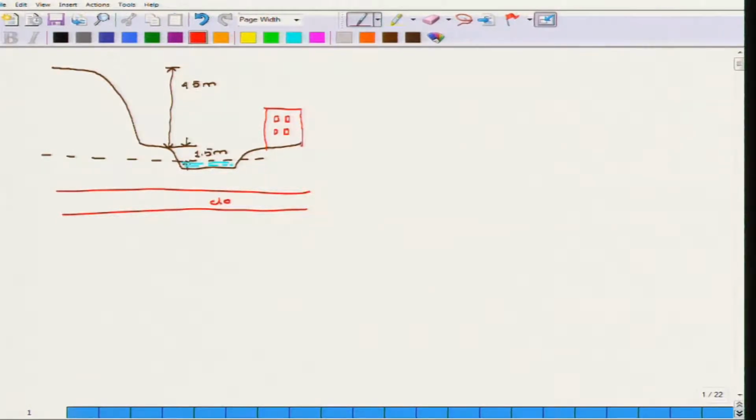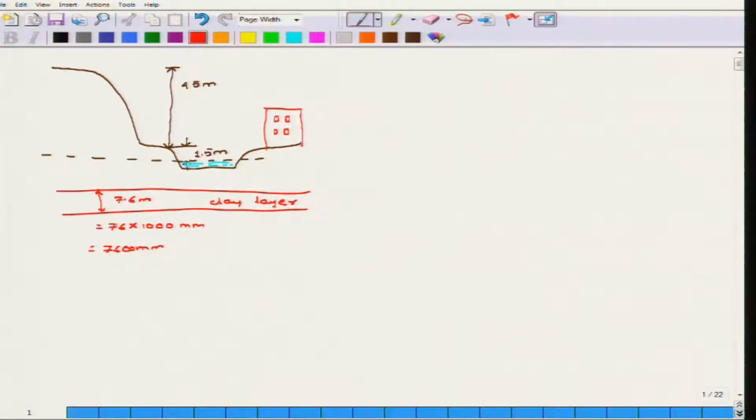This is the clay layer of height 7.6 meter, that means 7600 millimeter. Now we are asked to find the settlement.